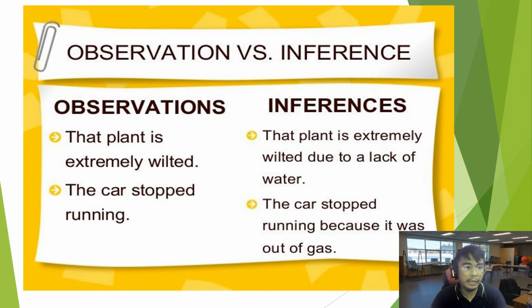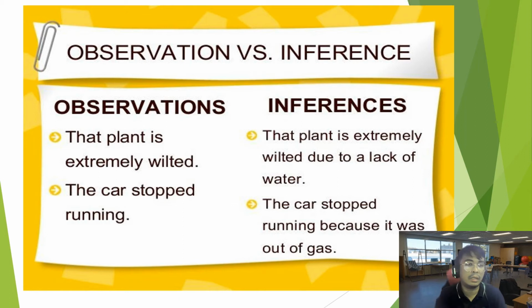Okay, another example is this one, observation. The car stopped running. Okay, so what sense or what are the senses you use here? Of course, another particular sense you use is your sight or your sense of seeing, right? Okay, but in turning that into an inference, you have the statement, the car stopped running because it was out of gas.